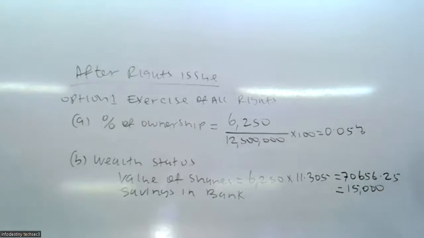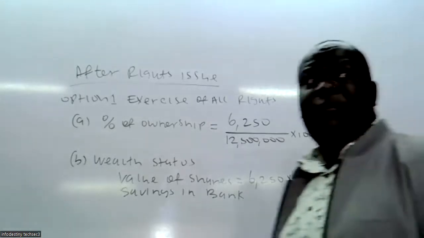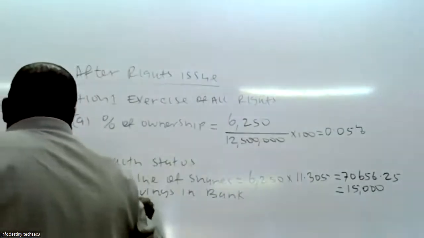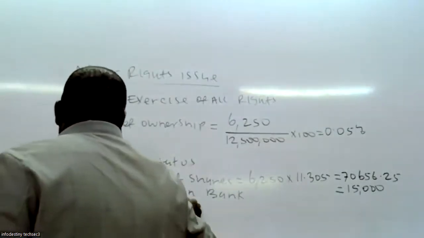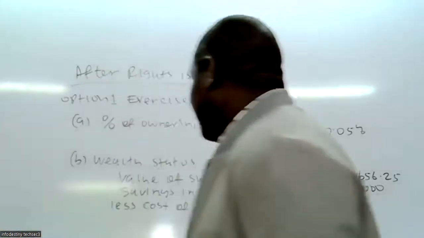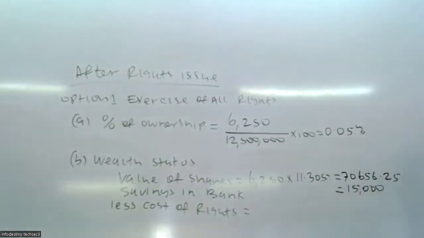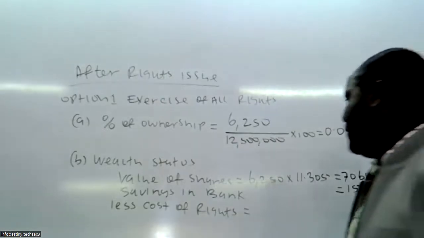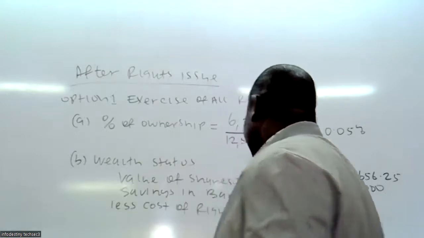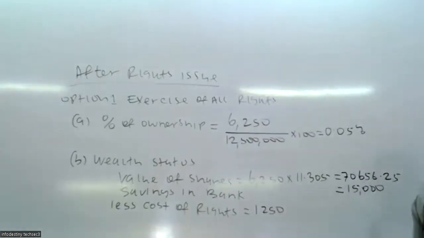And another thing, now you less the cost of the rights. So cost of the rights, it will be 1,250 shares. Remember, those are the shares he acquired.